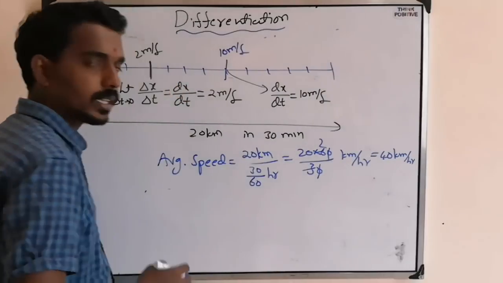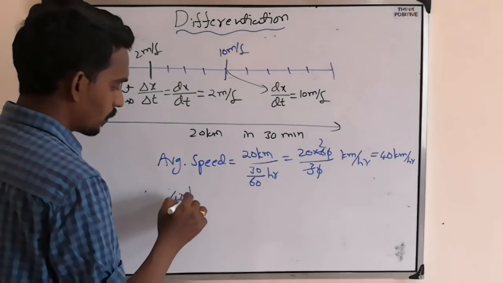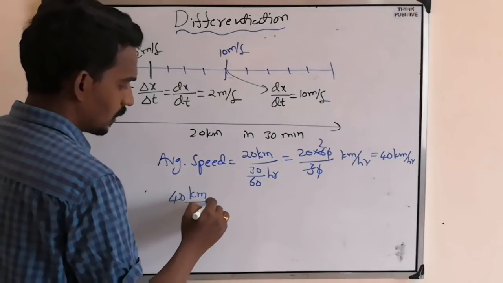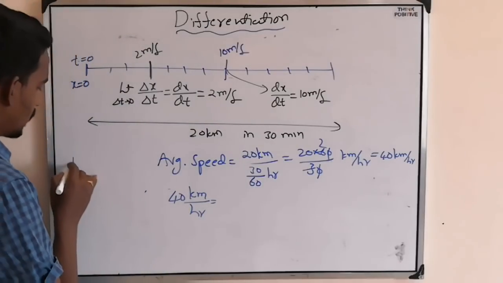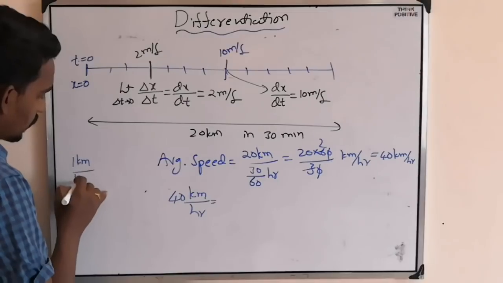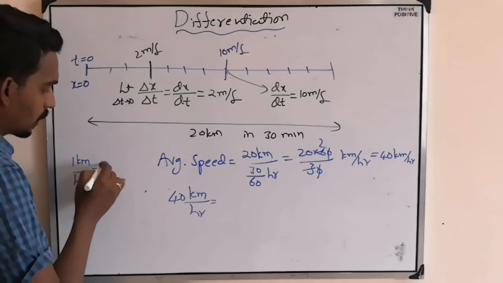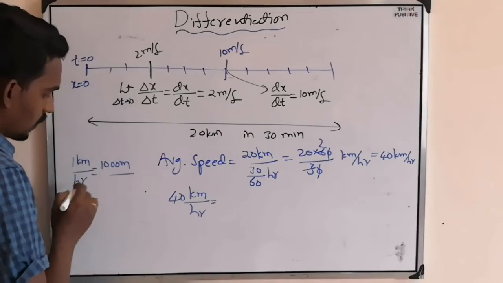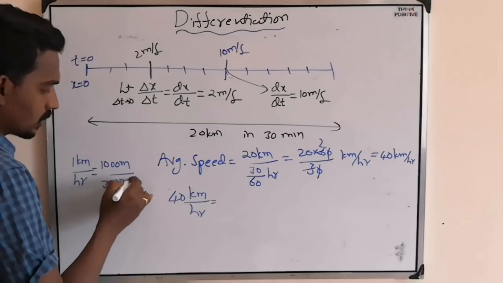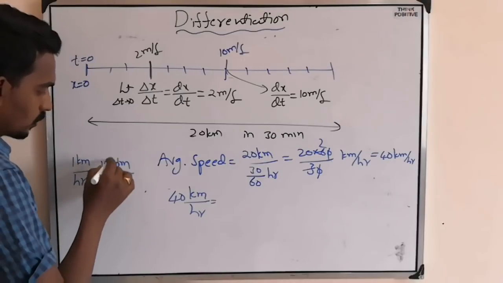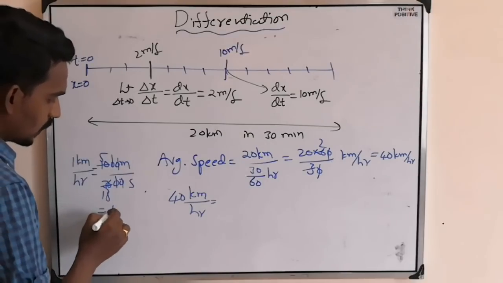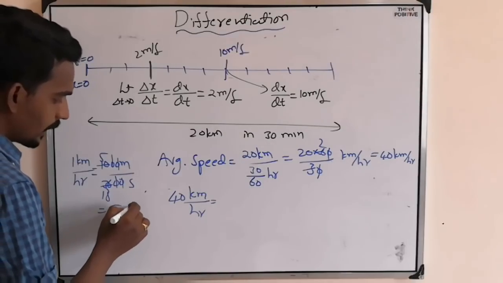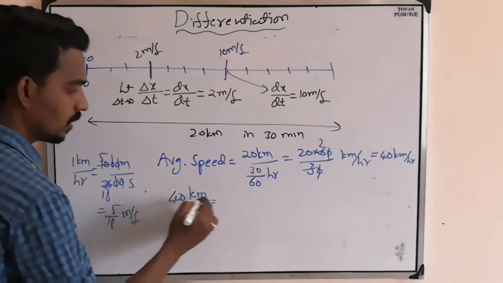And you know how to convert kilometer per hour into meter per second. Either you can multiply directly with 5 by 18, because 1 kilometer per hour equals 1 kilometer means 1000 meter, 1 hour means 3600 seconds, which is nothing but 5 by 18 meter per second.